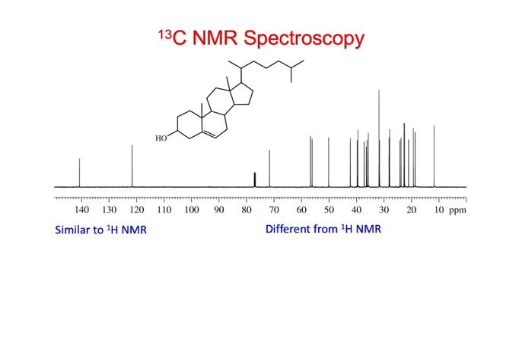So let's just look at this and pick out some things that might be similar to what we've been learning in proton NMR and what might be different. Different. There's no coupling. All right, no coupling.